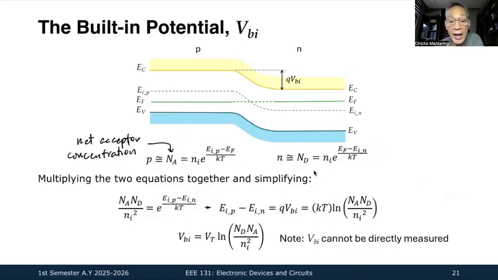If we divide kT by Q, that becomes V_T. Remember the definition of thermal voltage, kT over Q. So the actual built-in potential will only depend on your concentrations and your intrinsic concentration.